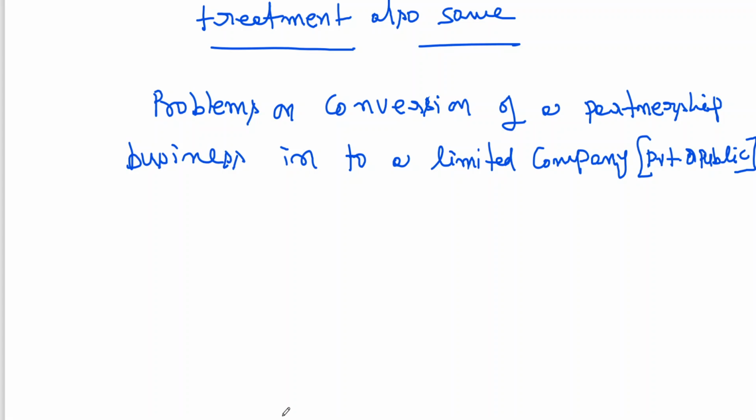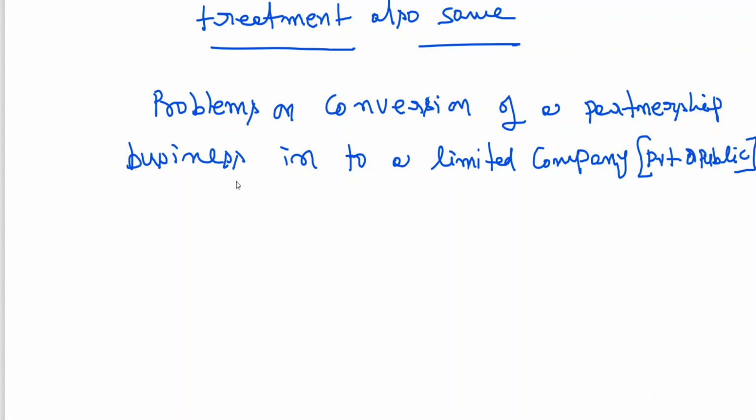Whatever contribution is made by the partners may not be sufficient, because you need a huge investment. When you go for a private limited company or public limited company, more people may contribute, and the business can grow. That is the reason why a partnership firm will be converted to a company.